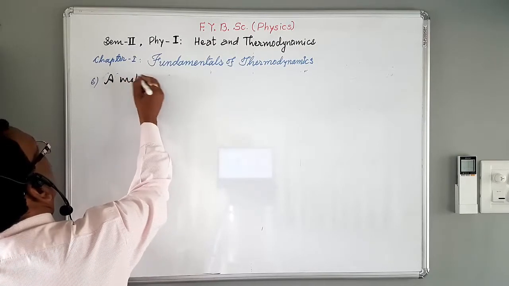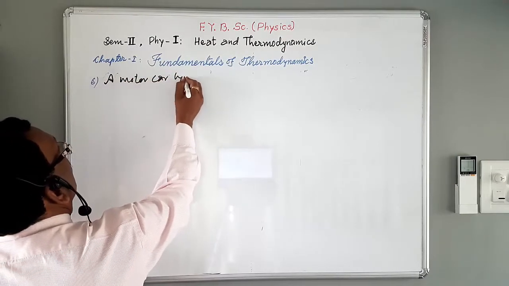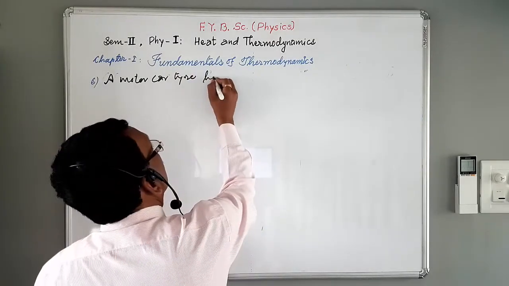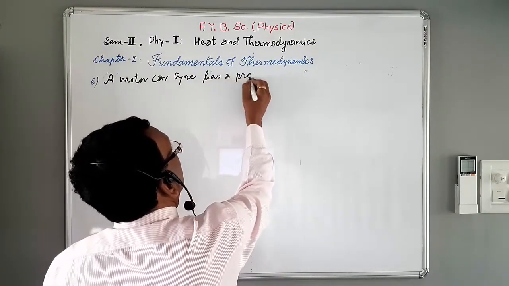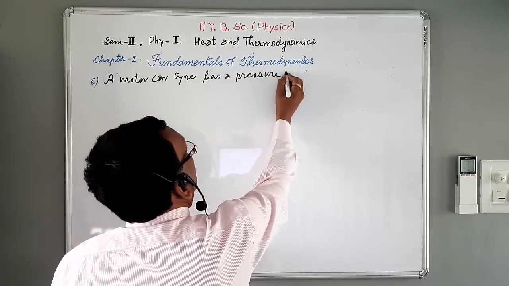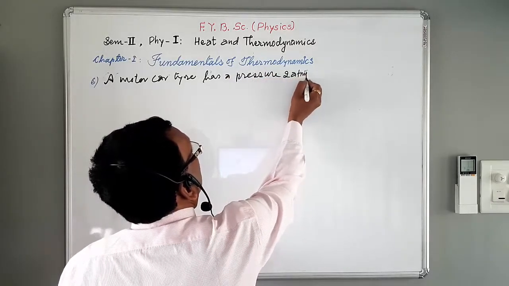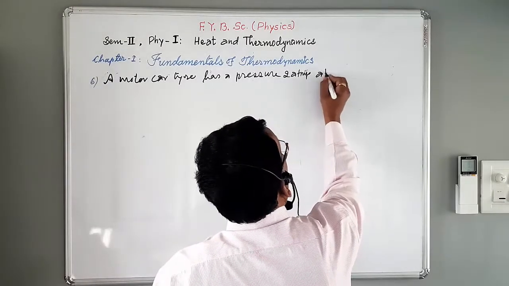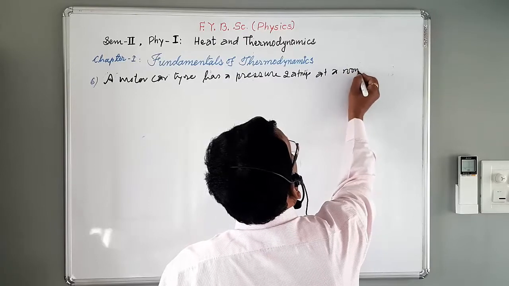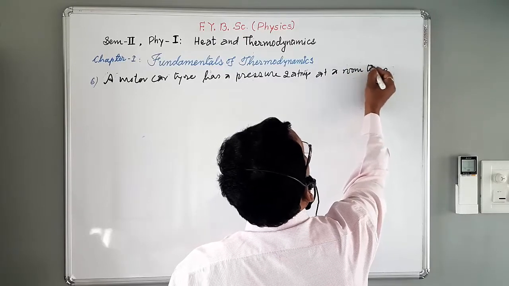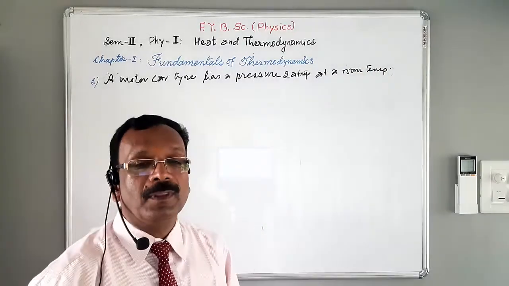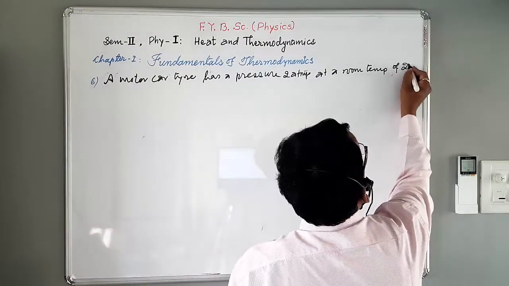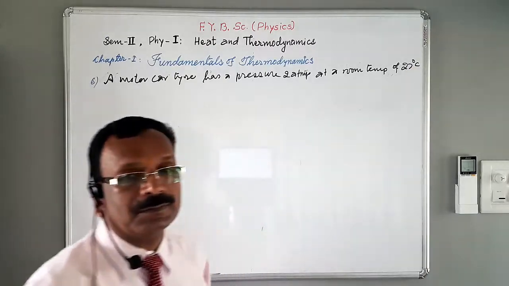A motor car tire has a pressure of 2 atmospheres at a room temperature of 27 degrees Celsius.